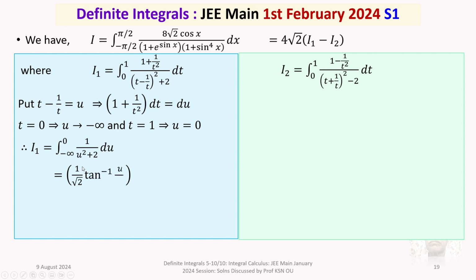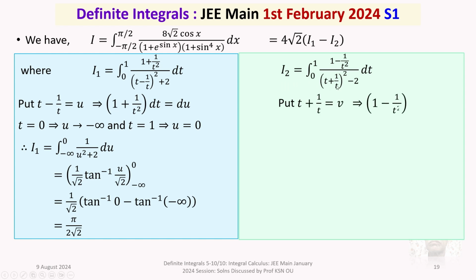This will be 1 by root 2 into tan inverse u by root 2, evaluated from minus infinity to 0. Tan inverse 0 is 0, and minus tan inverse of minus infinity is minus of minus pi by 2, that is pi by 2, so pi by 2 root 2. That is I1 evaluated.